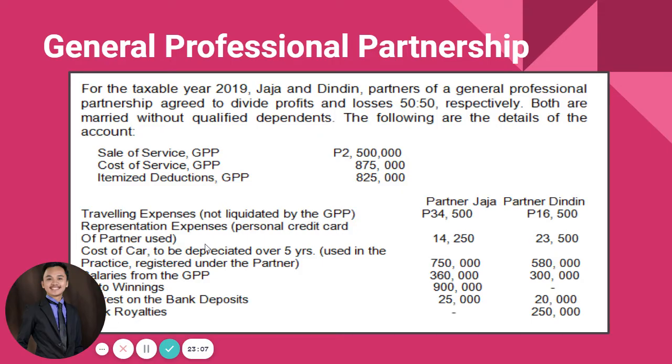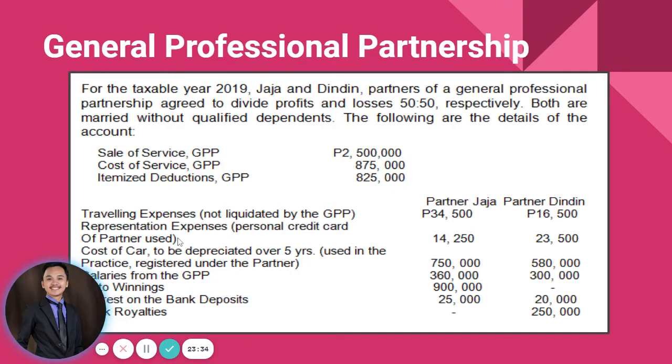Okay? It also discloses the separate expenses and other sources of income of both partners. So it has traveling expenses which are not liquidated in the general professional partnership, guys. Again, it also has representation expenses using the personal credit card of the partner.